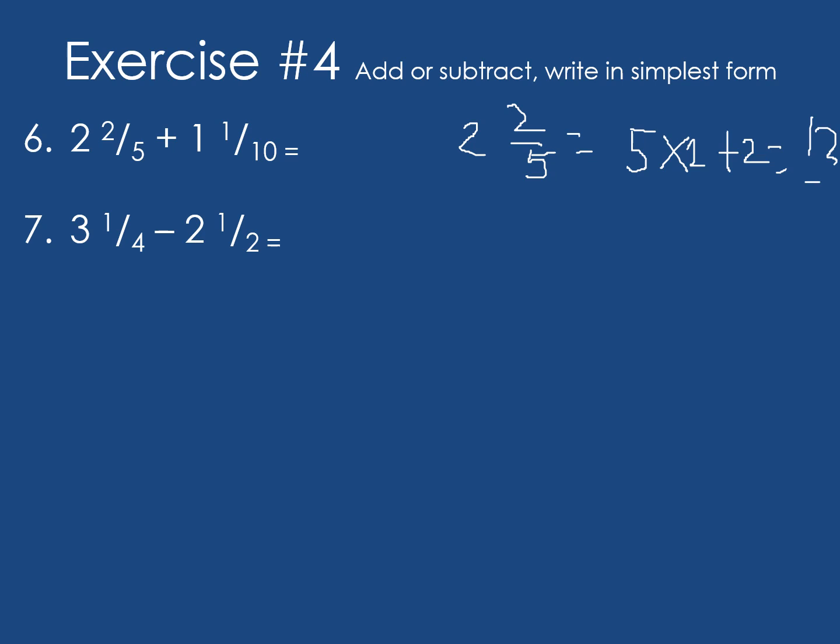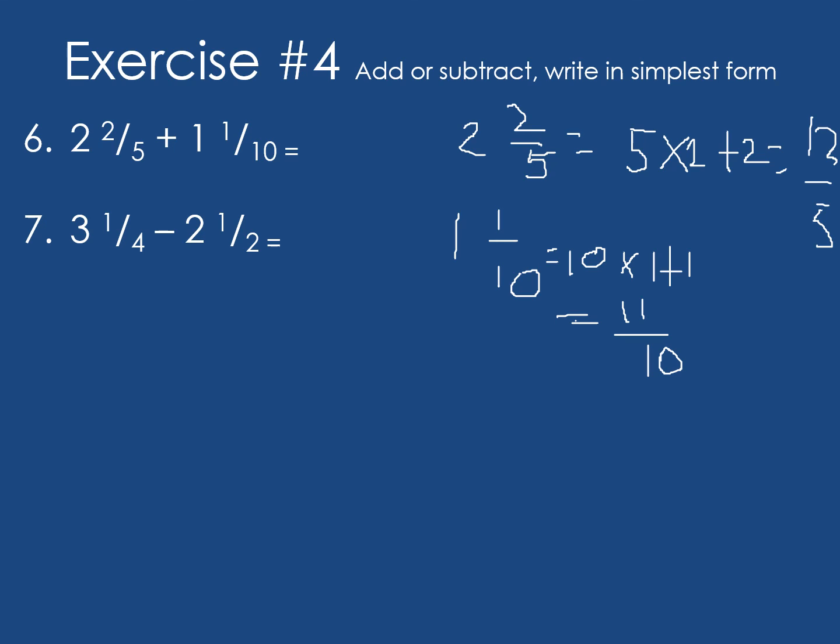12 over 5. Okay. Then 1 and 1/10 is equals to 10 times 1 plus 1, the numerator, is equals to 10 times 1, 10 plus 1, 11 over denominator 10.